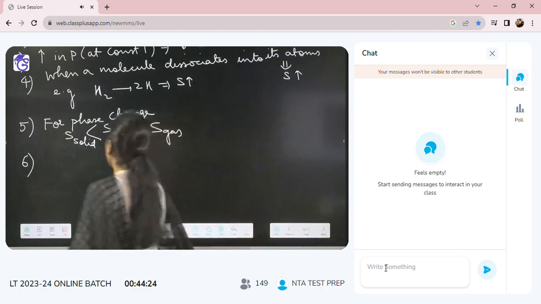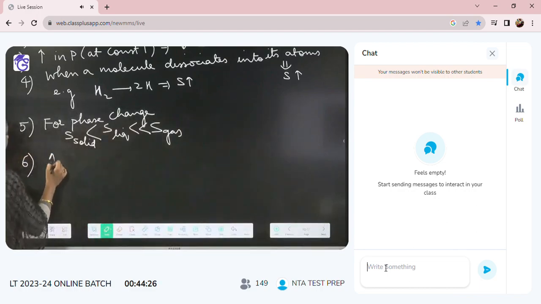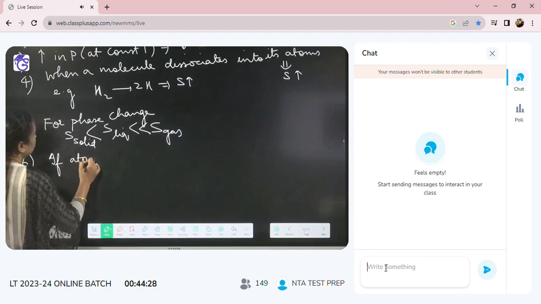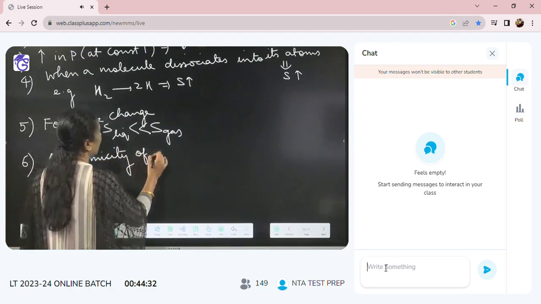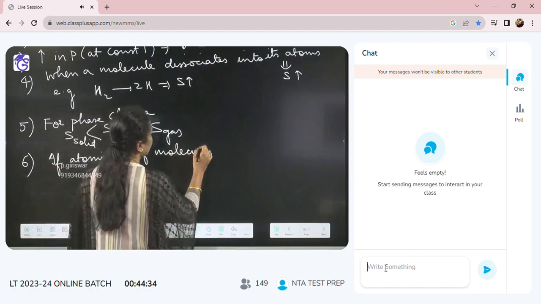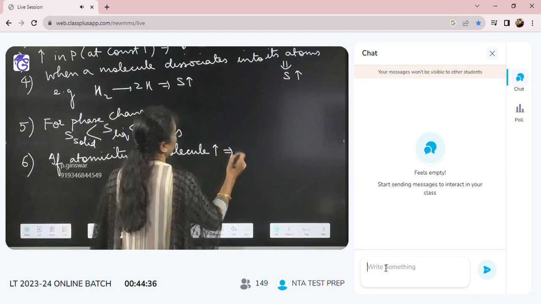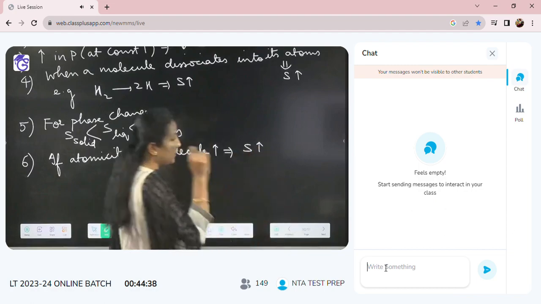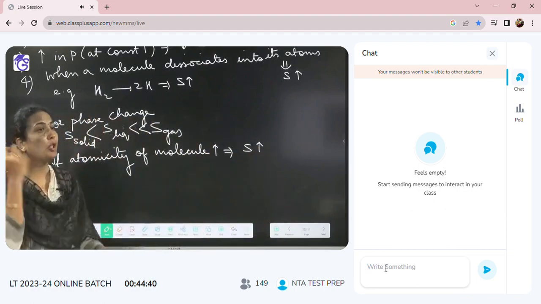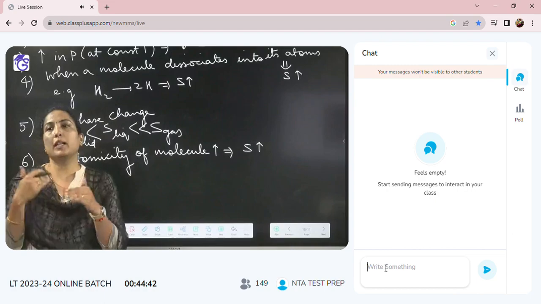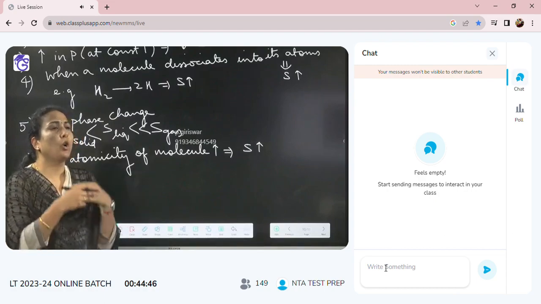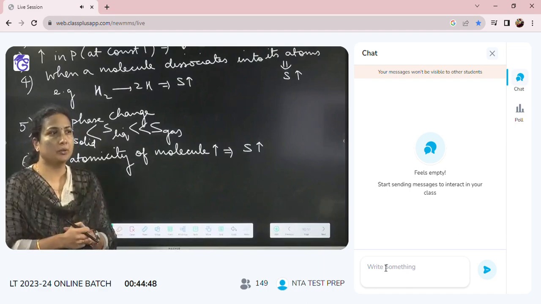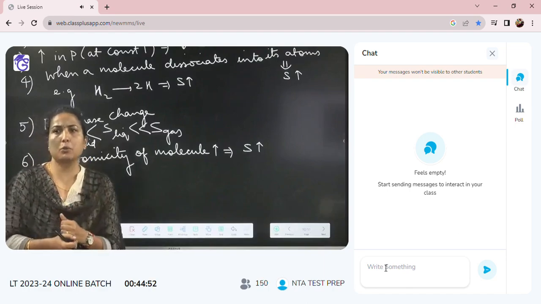Okay, so the first one is, if atomicity of molecule increases, then entropy increases. Because if the complexity in the molecule increases, then there could be different types of motion, or different degrees of freedom: translational motion, vibrational motion, rotational motion.